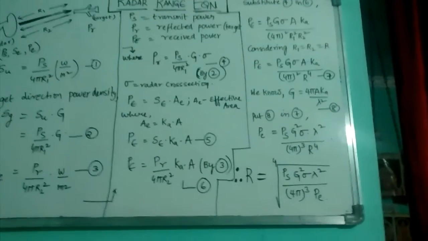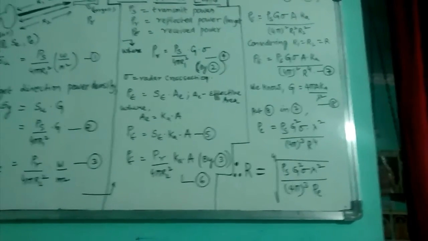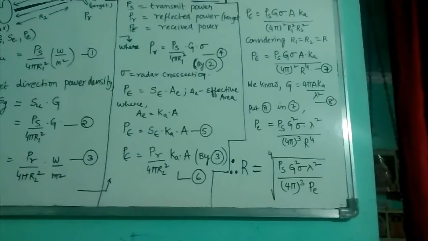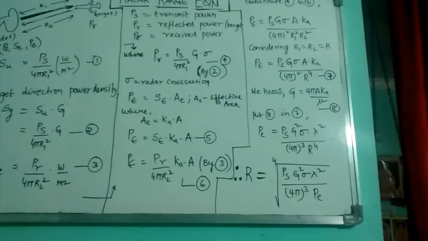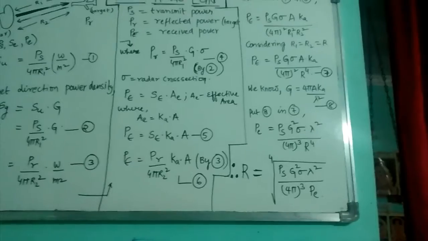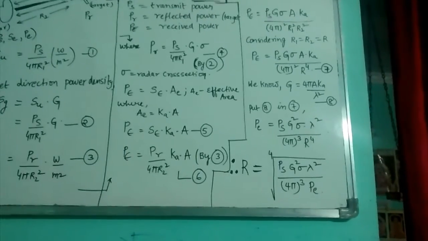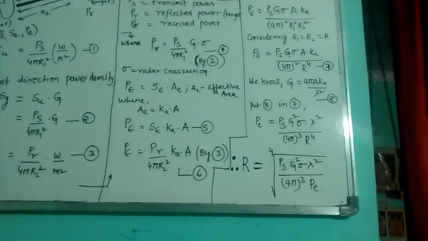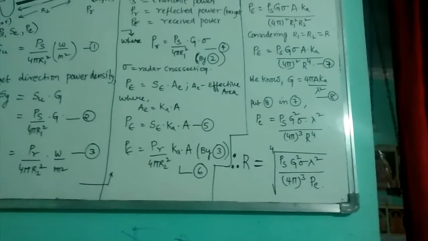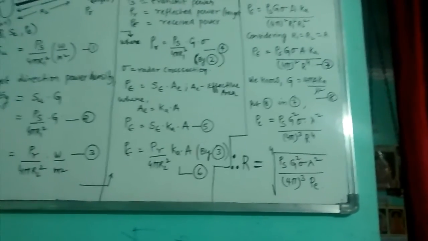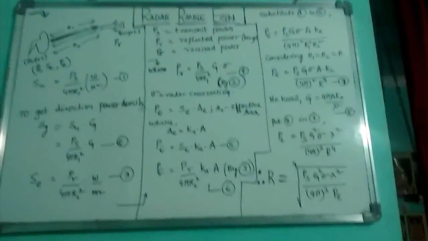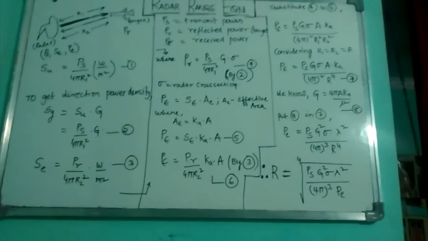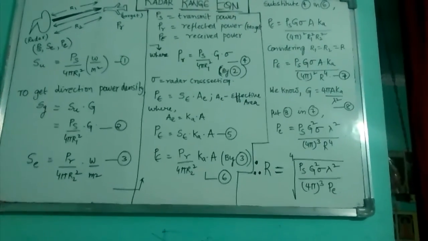It is not going to be the same for all cases. It might vary. So for the range to be maximum, the received power should be minimum. That is the case, no? When there is a numerator by denominator, for the fraction to be larger, the denominator should be smaller. So I hope you understood how the range equation is derived.